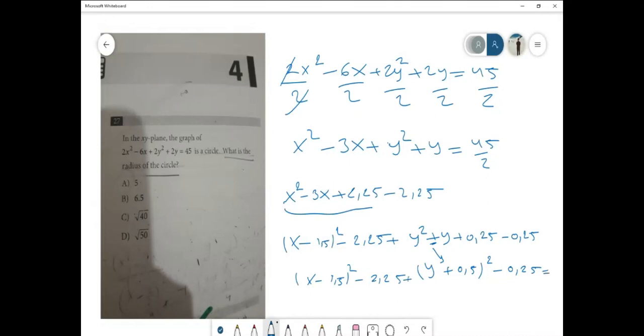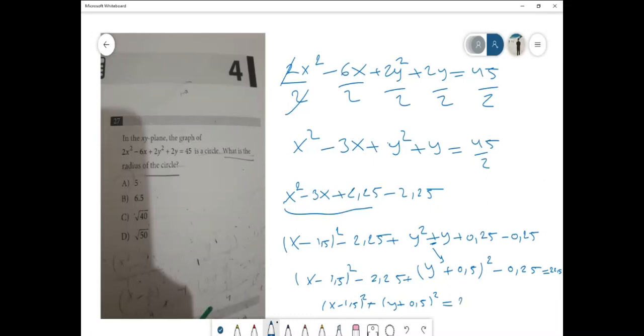So if this is plus, it will be plus: y plus 0.5 all squared minus 0.25. Here I had x minus 1.5 all squared minus 2.25 plus y plus 0.5 all squared minus 0.25, and it equals 45 divided by 2.